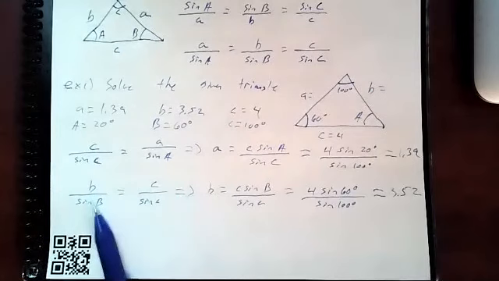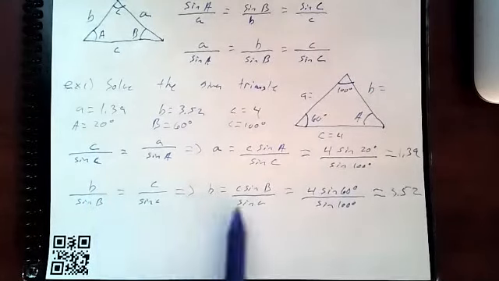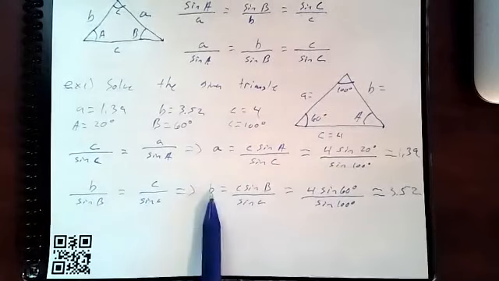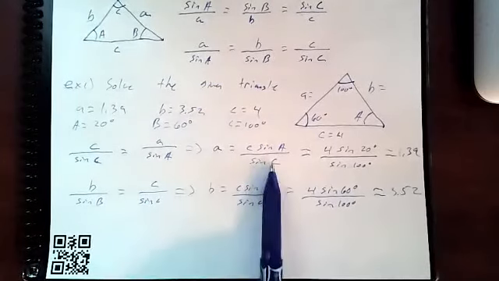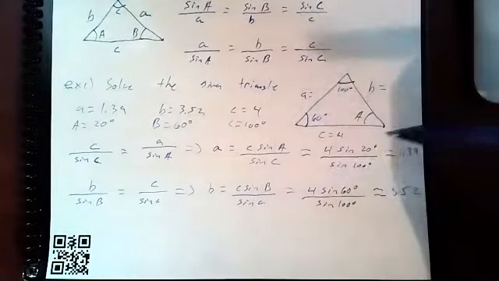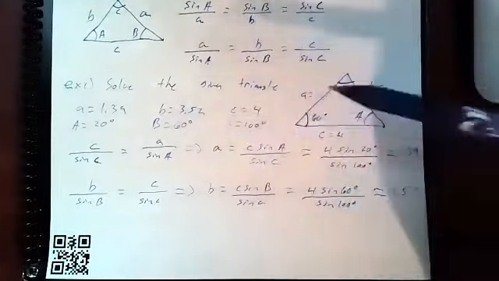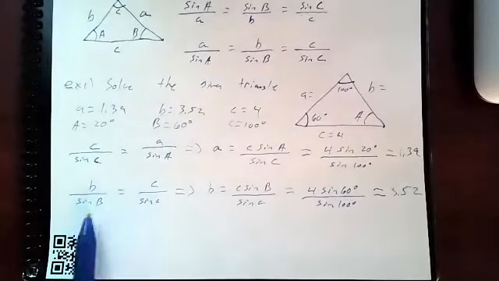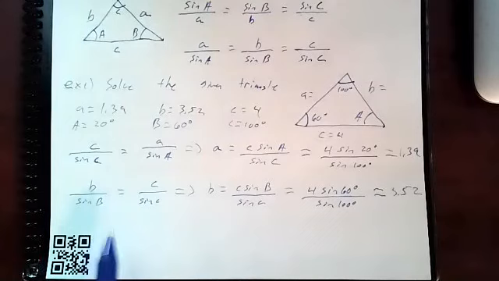You solve for b, you solve for a. You have a formula in terms of these sides, but I recommend you set them equal to each other every time and solve for it. That way you don't make any mistakes or get confused.